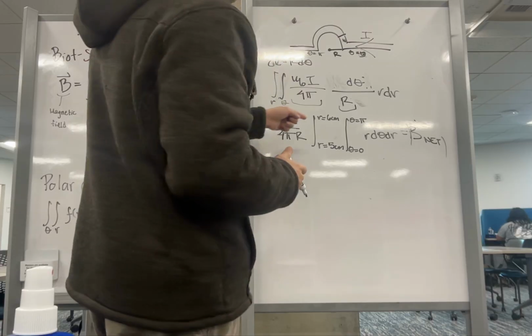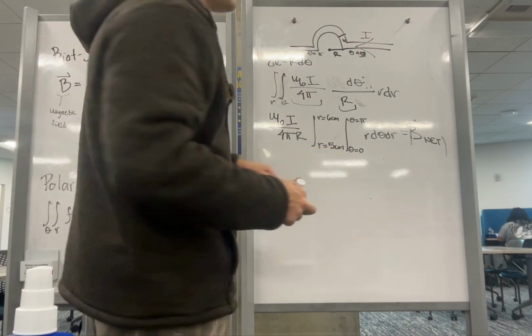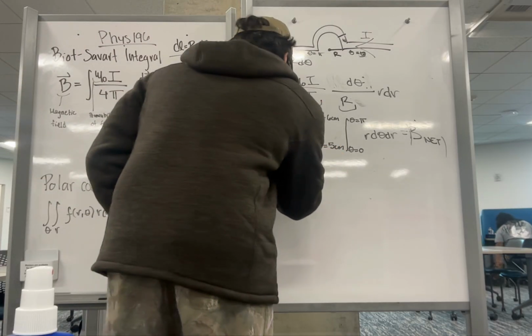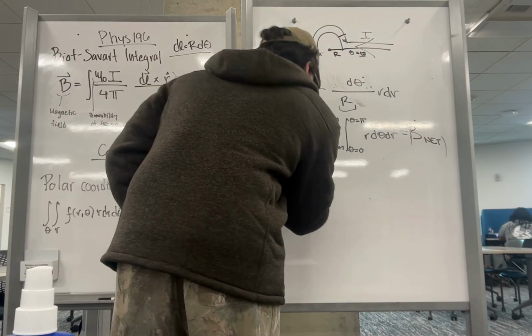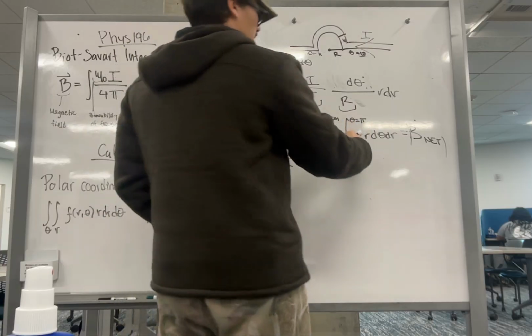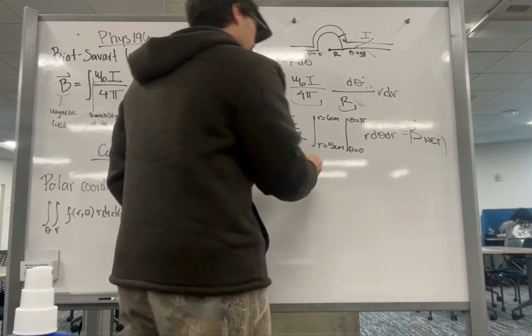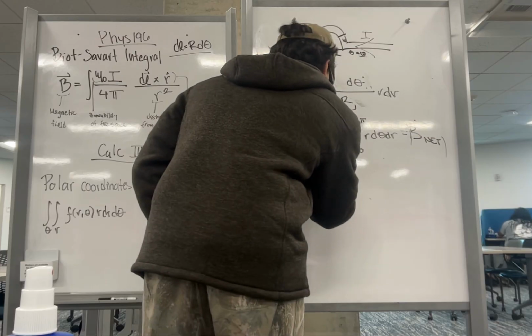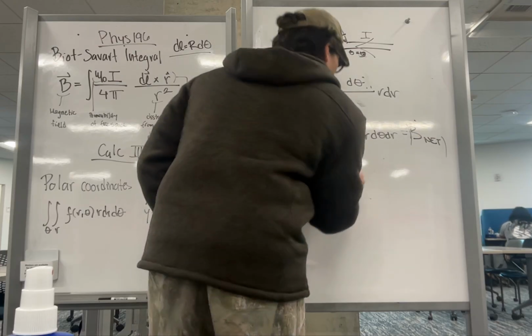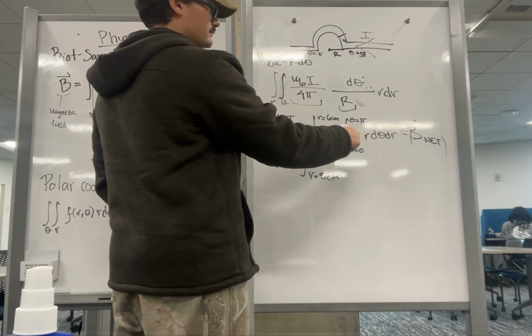So now we're going to actually solve for the number. So mu naught I over 4 pi r hangs out. This becomes theta, which just becomes pi. So r equals 6 centimeters, and then this becomes pi r.